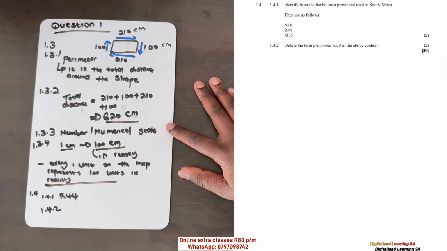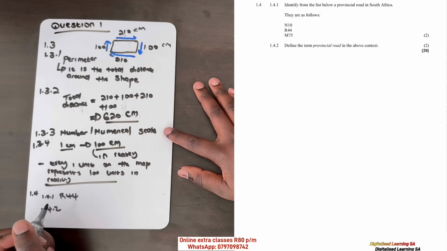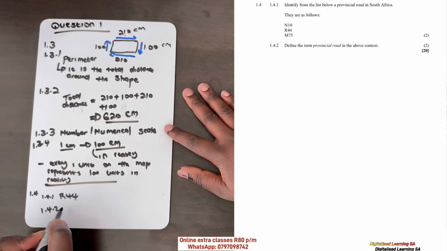Now let's move to the last question for question 1, which is question 1.4.2. Question 1.4.2 says, define the term provincial road in the above context. Okay, so provincial roads serve as feeders to the national roads.